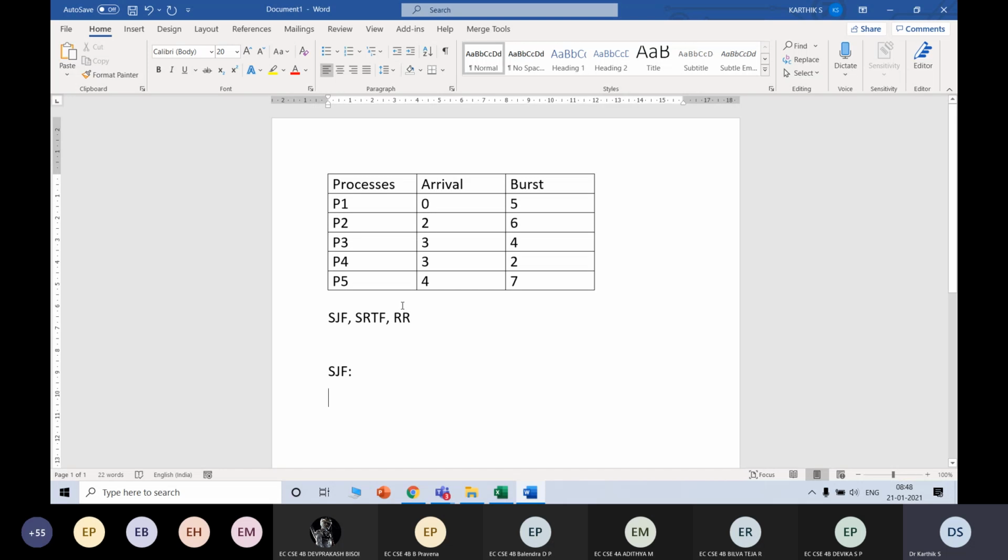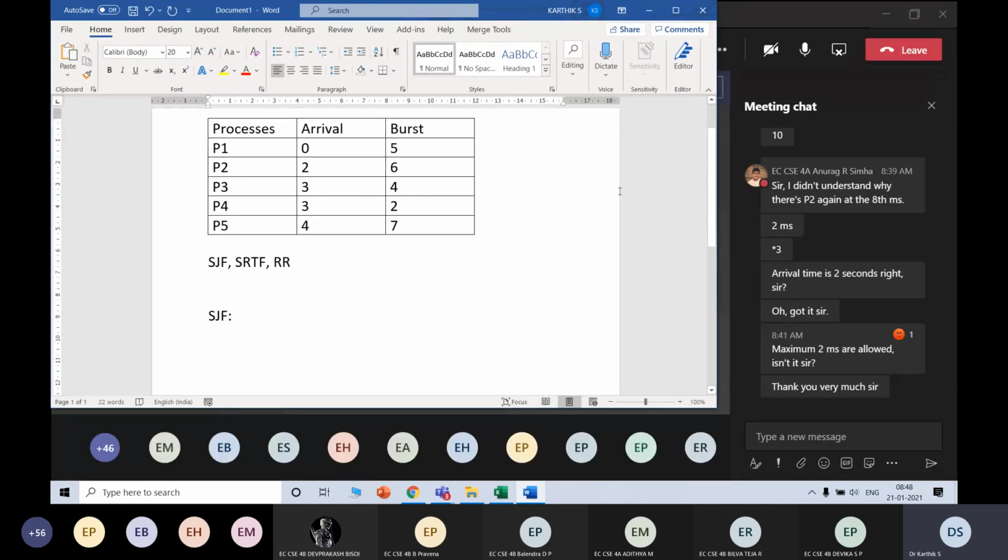So shortest job first, what will happen now? I expect you to solve this particular problem by yourself. Try to write a Gantt chart first.